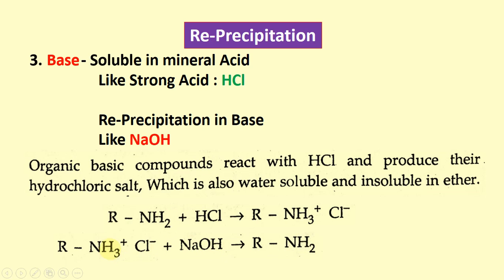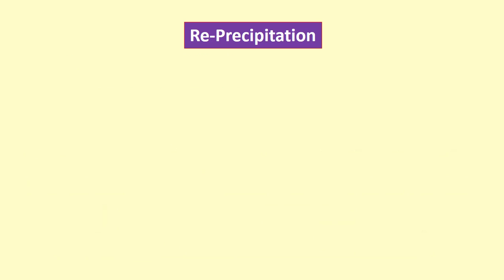The H plus is removed, the chloride is also removed and attaches with Na to give NaCl, and OH with H gives water. So two other products form, NaCl and H2O. Like this, a base is always soluble in acid and always reprecipitates in base.